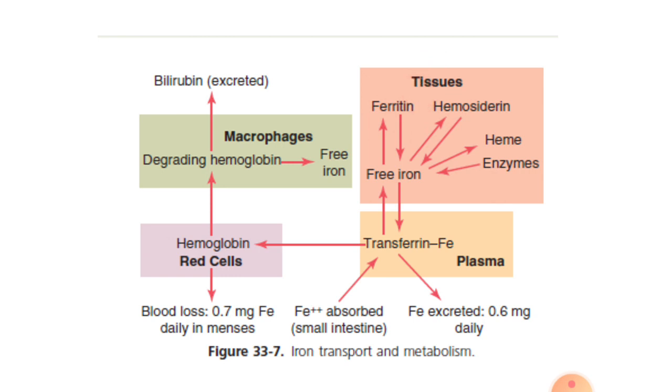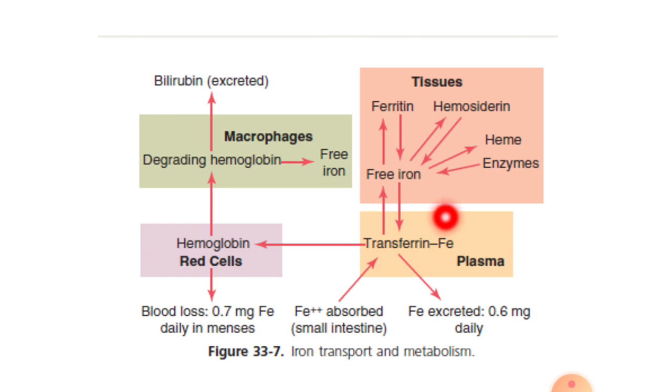When the iron is low in the plasma, the iron in the ferritin is released and transported to the plasma in the form of transferrin.